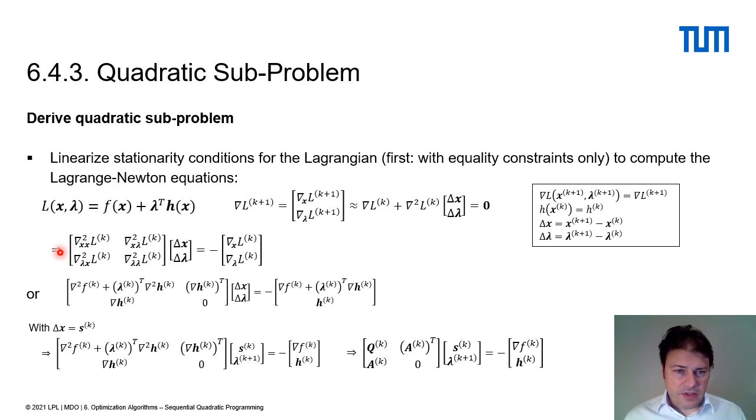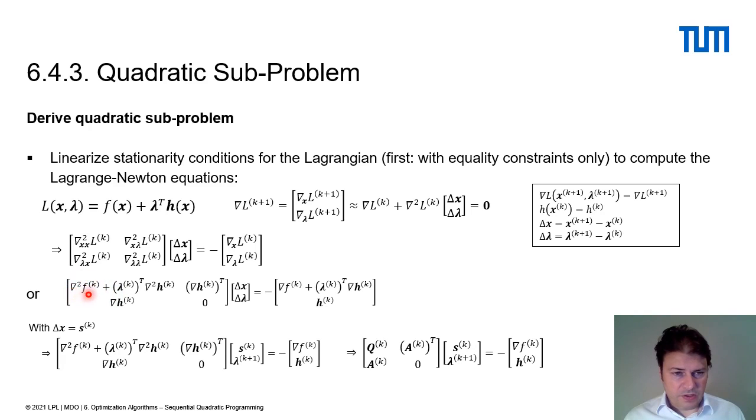This here is the same expression, but with the second order derivatives of the Lagrangian function explicitly written for x and the Lagrange multipliers, and then filled in with the definition of the Lagrangian function.